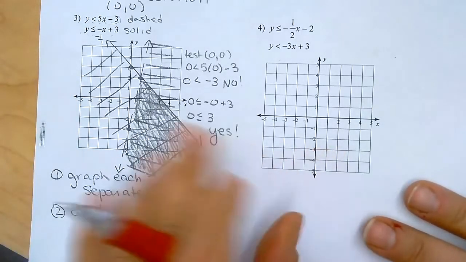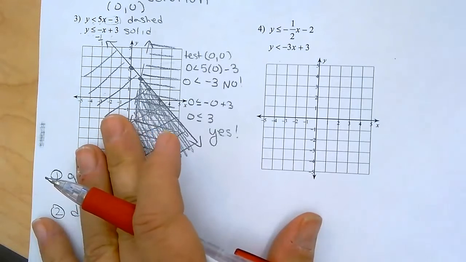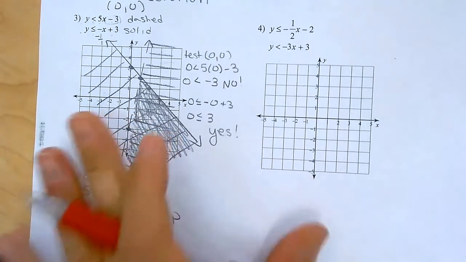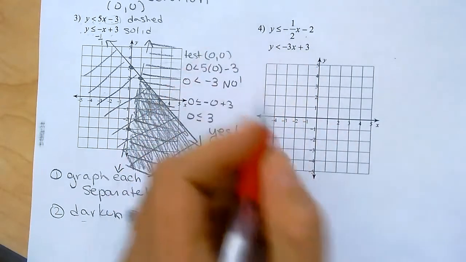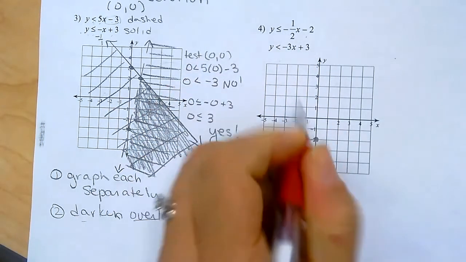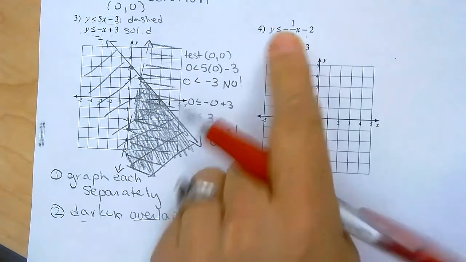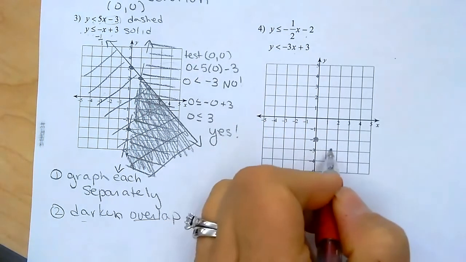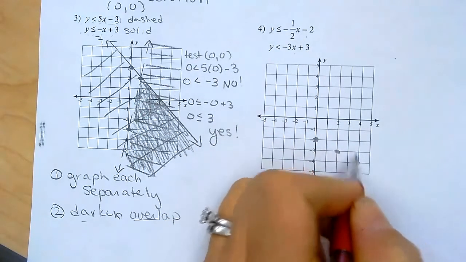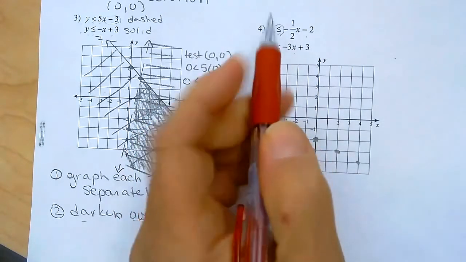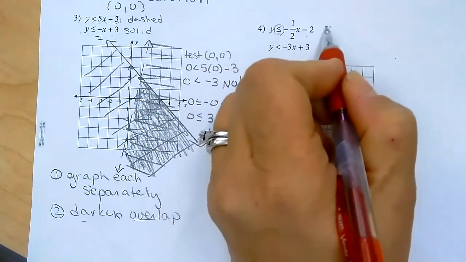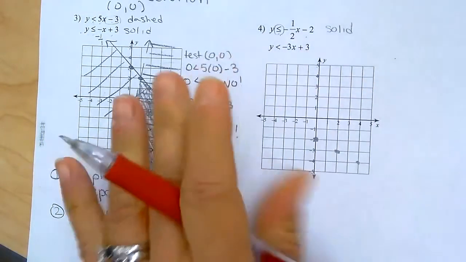Now let's do this one. Y-intercept is negative 2. My slope is negative 1 over 2, so I'm going to go down 1, right 2, down 1, right 2. Look at my symbol. It's less than or equal to, so this one is going to be a solid line.